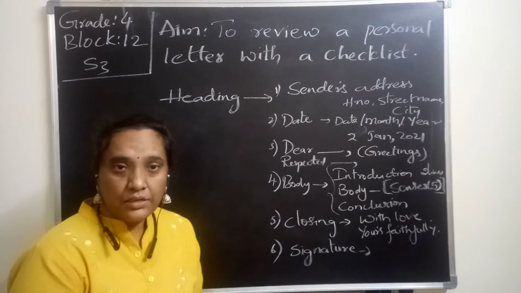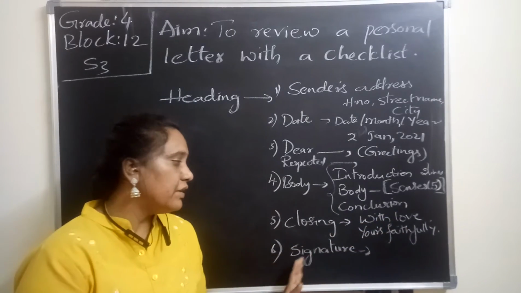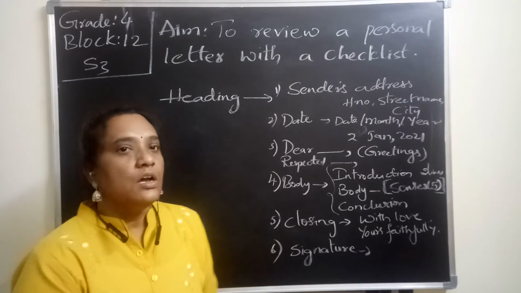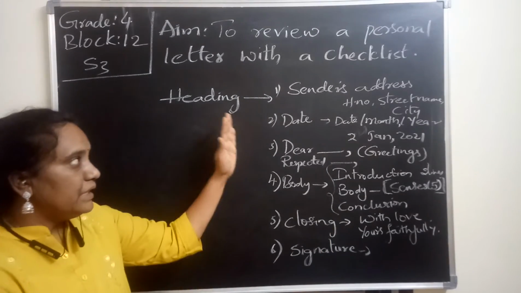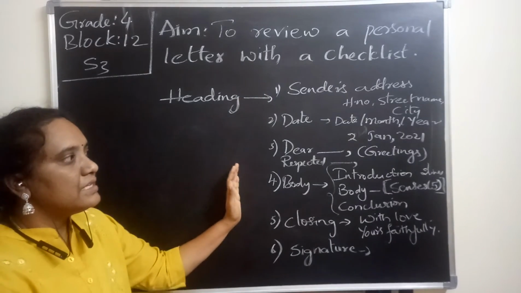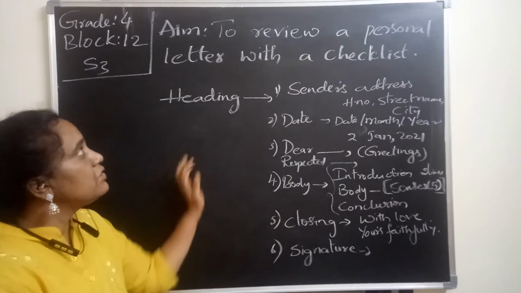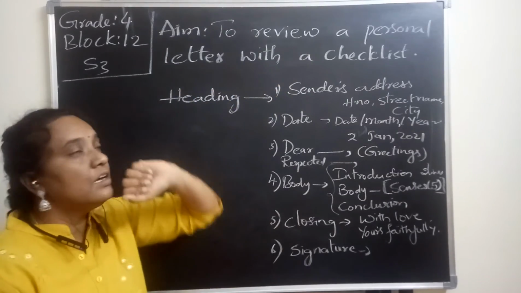In the same way, you complete it with a signature. While completing the letter, remember all these things in your mind. Now, based on this, today we are going to check the letter.